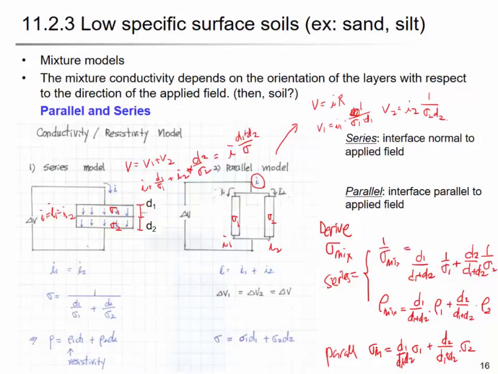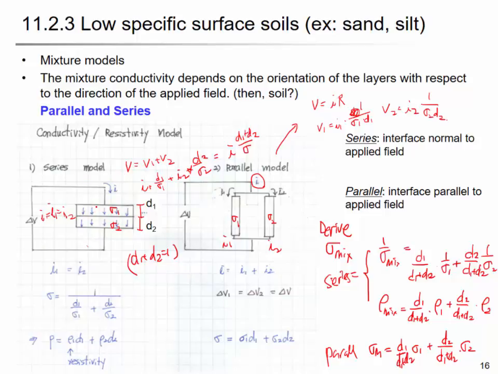Oh, here the D1 plus D2 is already 1. It's a ratio. So if you think about the porosity, D1 could be a porosity n, and D2 could be 1 minus n, right?